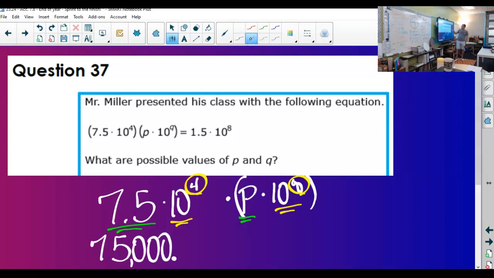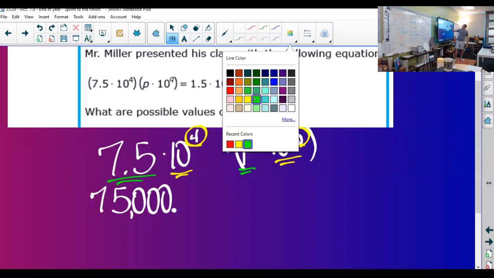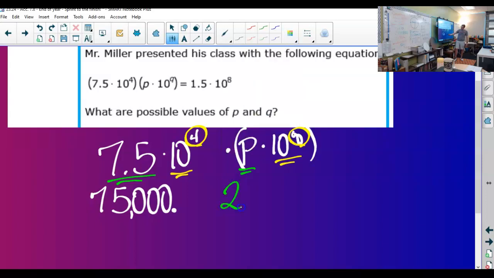So stick with me. What if I make P, and guys, this is one that has multiple answers. If I make P 2, actually I like the other colors better. I need to figure out how to change my default colors up here. If I make that 2, the 7.5 times 2 will become 15.